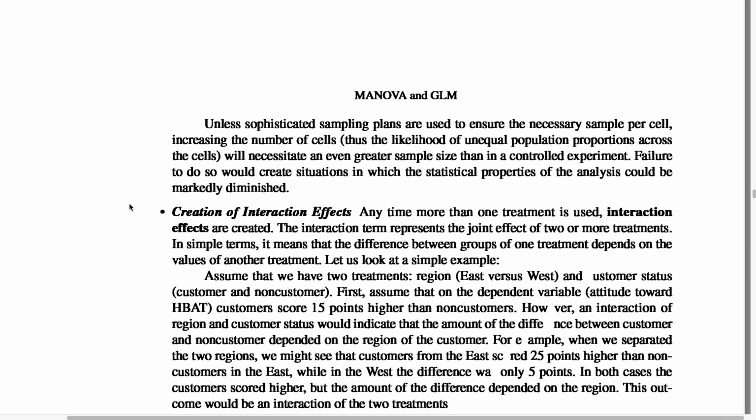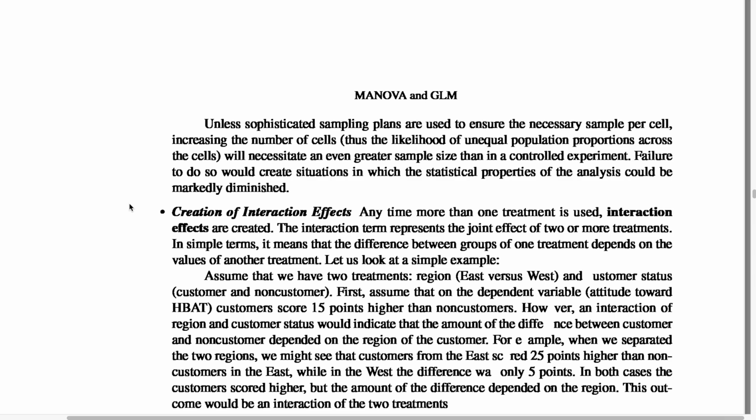Let us look at a simple example. Assume that we have two treatments, region, east versus west, and customer status, customers and non-customers. First, assume that on the dependent variable, attitude towards the brand, customers scored 15 points higher than the non-customers.